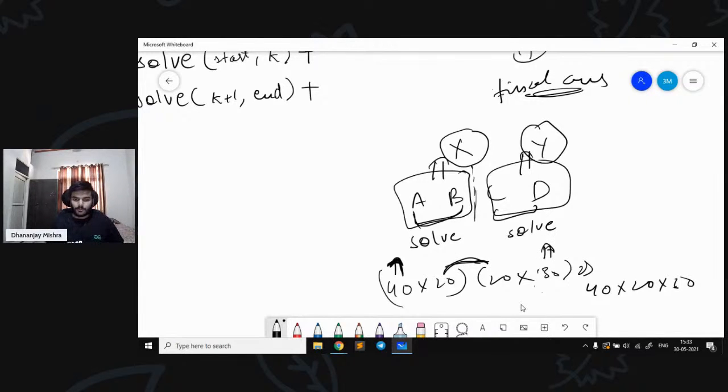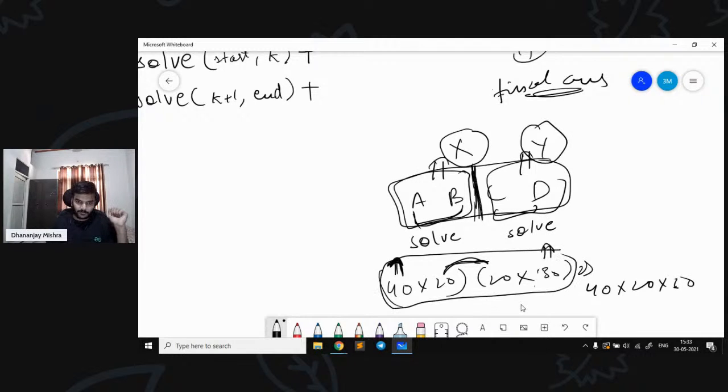You can see that we will get an answer if I do a partition here, which means you are multiplying the matrices, so these B and C should be equal. And this was our range: the start of this range was this and the end was this.